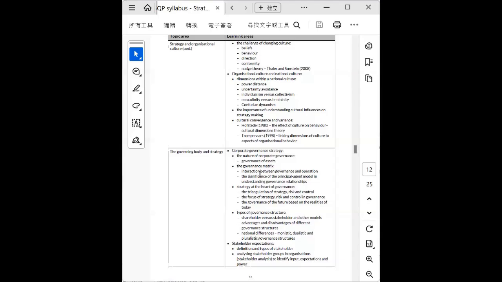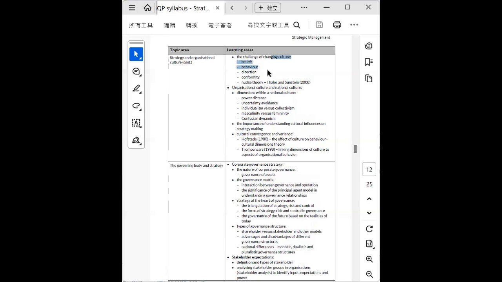A behavior refers to the visible actions and habits of the individuals or groups within the organization. To change a behavior is very difficult. It's quite challenging because it requires breaking routines and often involves unlearning of some long-standing practices.